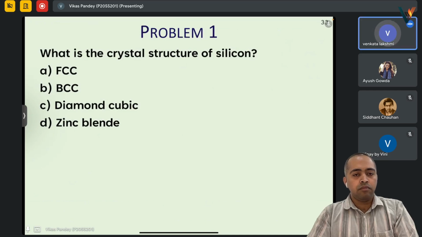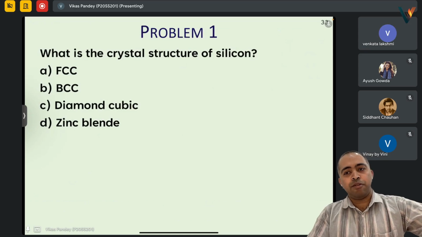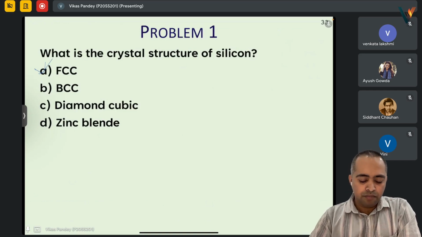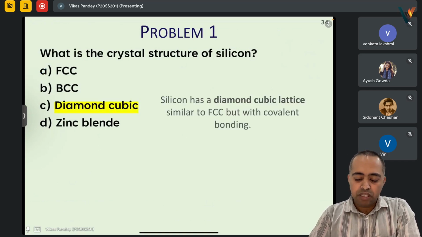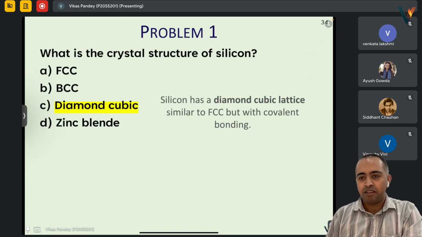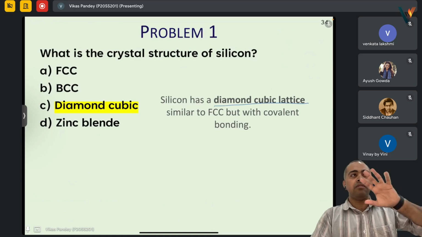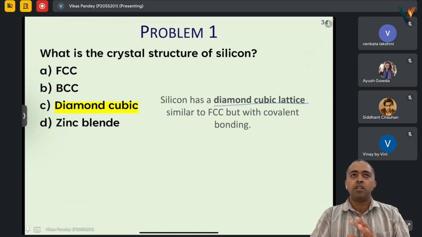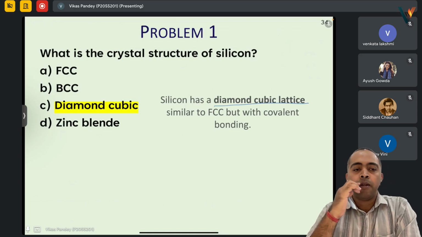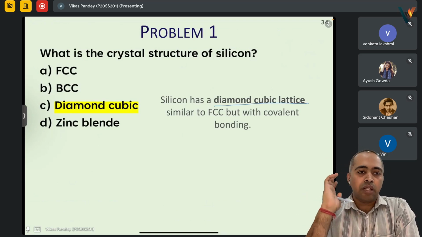Sir, is it FCC? Okay. Any other answers? It is diamond cubic, which is very similar to FCC, but FCC doesn't have covalent bonding. So it is a diamond cubic lattice, which has a structure similar to FCC, but it has covalent bonding, which is a bit different. But if you just see the atomic orientation, it will look like FCC.